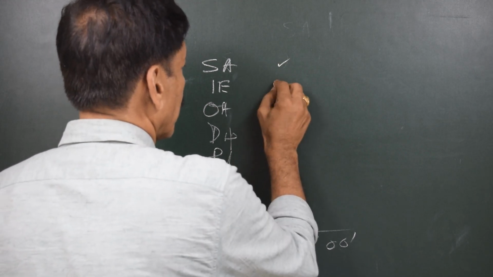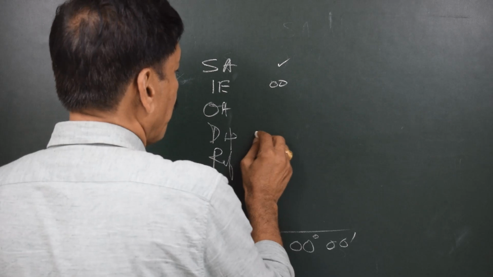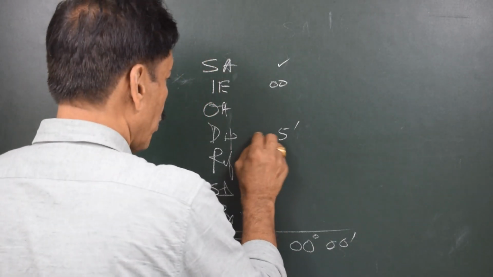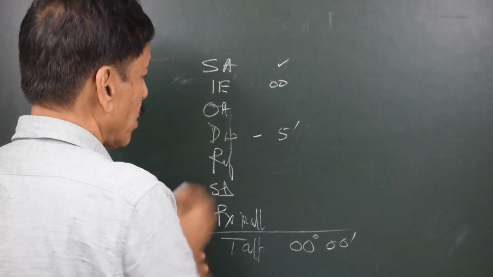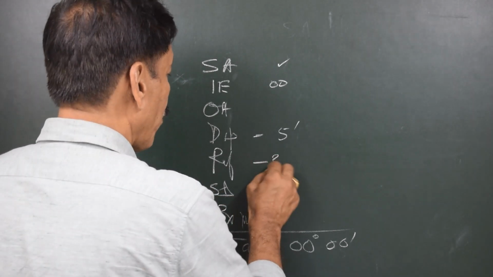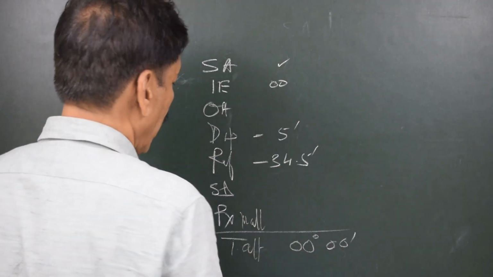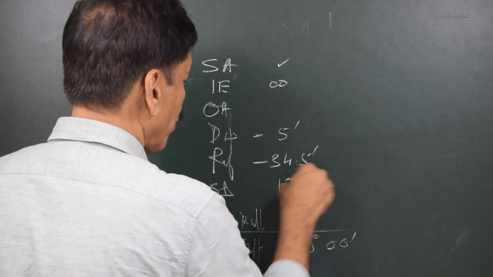Suppose the index error is nil, and then let us say dip is, let's take a small value, 5 minutes. In the normal course, dip is always negative. Refraction is also negative, and when the body is at the horizon, it is 34.5 minutes. Semi-diameter, let us take as 15.6 minutes.